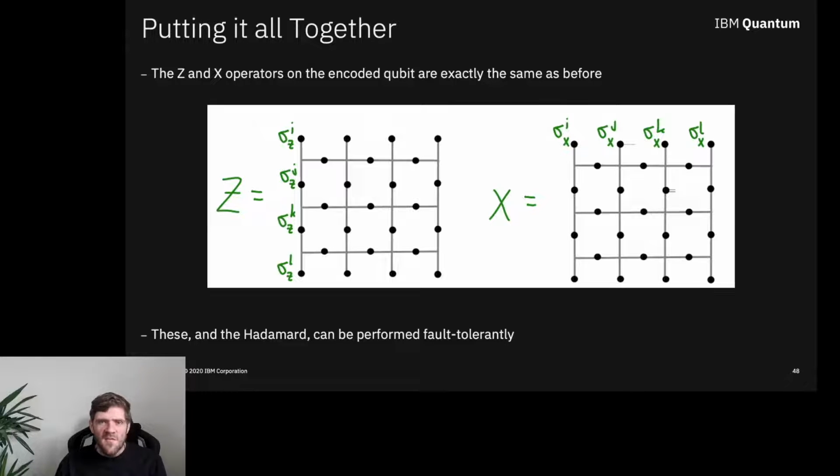So that can also be done fault tolerantly because, well, these rotations are a bit weird, but it's mostly classical relabelings of where you consider things to be and whether you consider things to be plaquettes or vertices. And the only quantum stuff is actually Hadamard on everything, which you do between syndrome measurement rounds. And you adjust your syndrome measurement such that that doesn't mess everything up. Yeah, Hadamards are weird, but they're also fault tolerant.